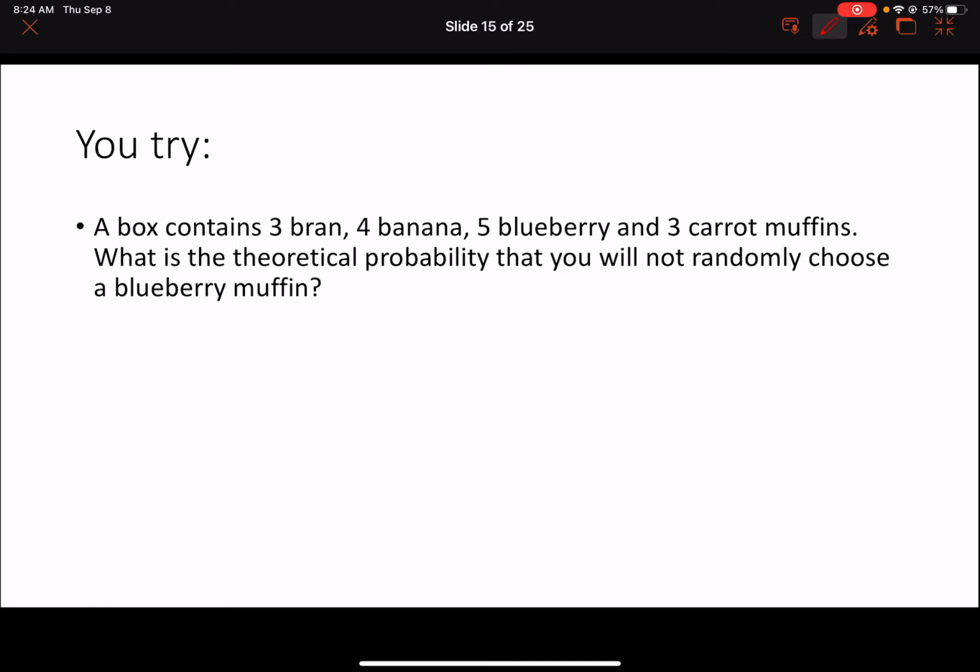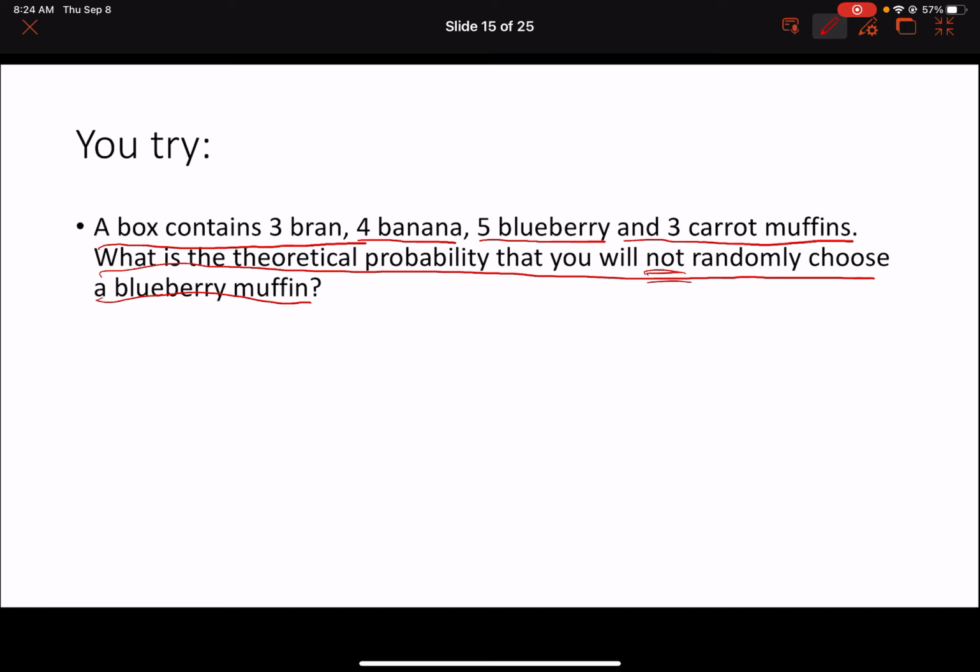So now this is for you to try out. A box contains 3 bran, 4 banana, 5 blueberry, and 3 carrot muffins. What is the theoretical probability that you will not randomly choose a blueberry muffin? Not. So think about that.